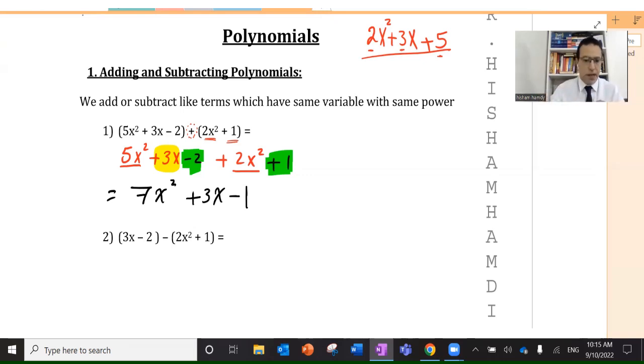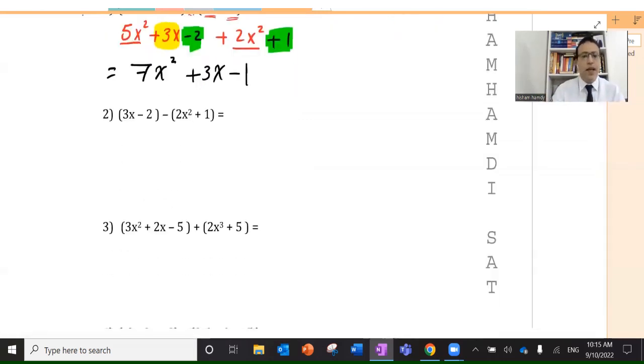Regarding number 2, I have 3x minus 2, but I have negative outside the bracket. Negative outside the bracket will change the sign inside the bracket. So it's going to be -2x squared, and -2 times 1 is -2... Then I don't have for 3x and -2x any like terms.